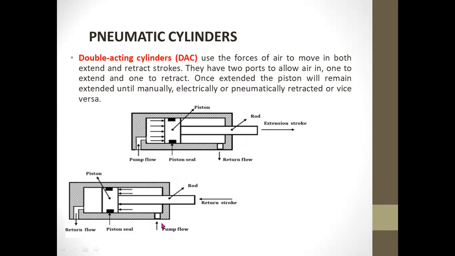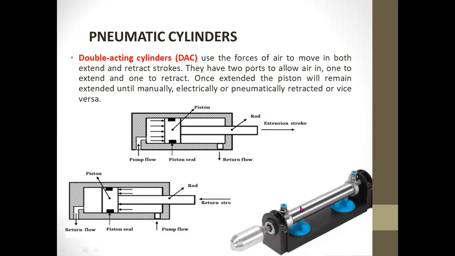It pushes the piston rod back to its initial position. So that's the operation of the double acting cylinder. As you can see in the figure, there are two ports available for the double acting cylinder, one on this side and the other on this side.